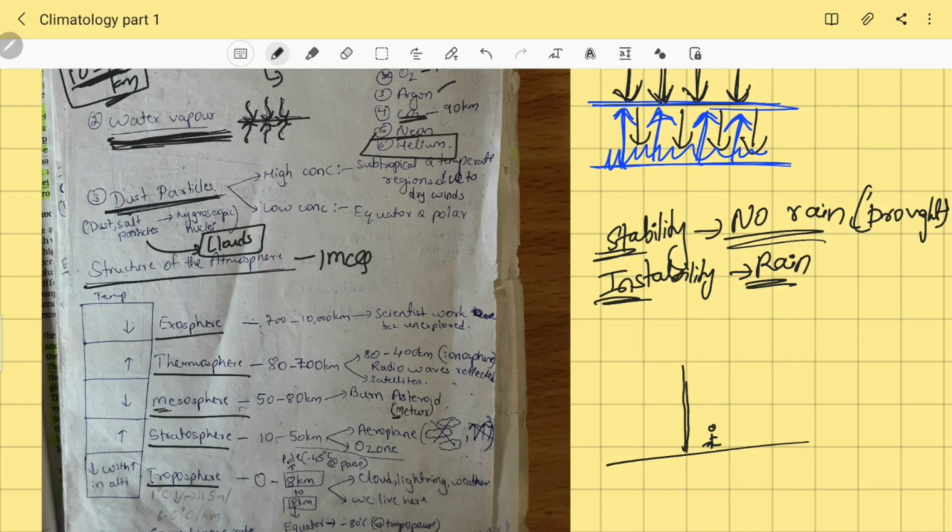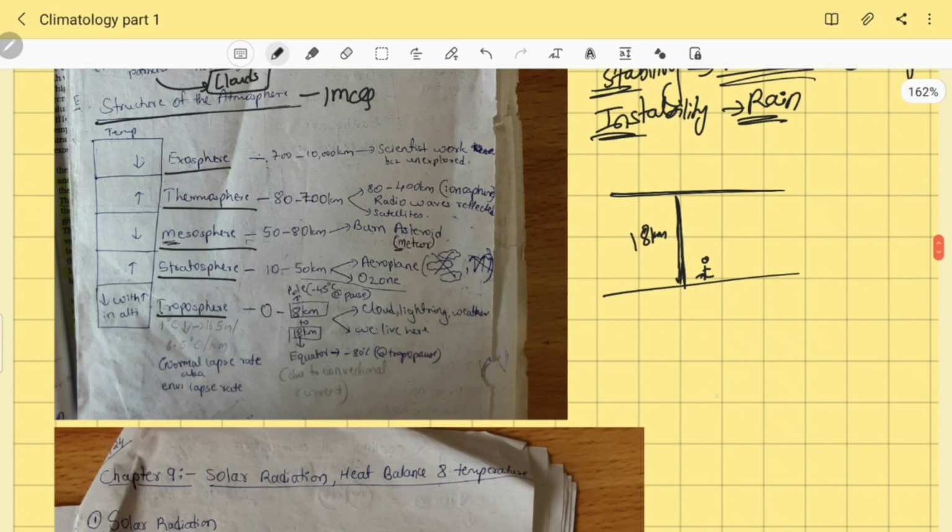Say you're standing near the equator, and you go above, once you reach 18 kilometer, till there you'll find this troposphere. But say you're standing on the pole, oh sorry, I have drawn it reverse. Say you're standing on the pole and you go just 8 kilometer and troposphere is done.